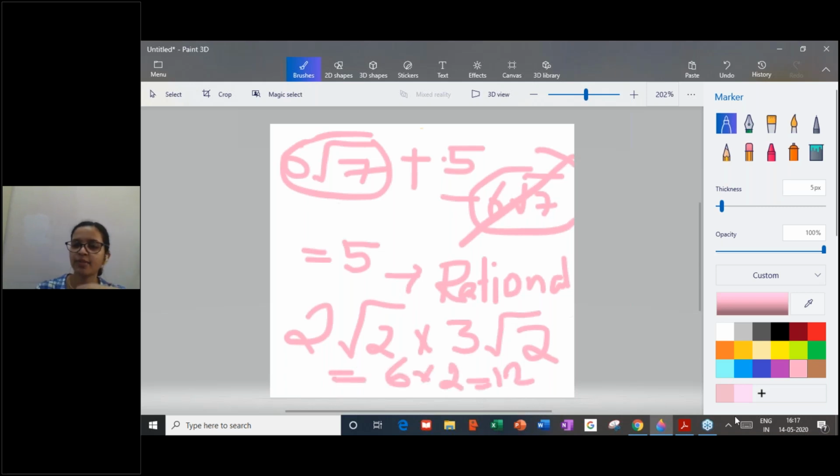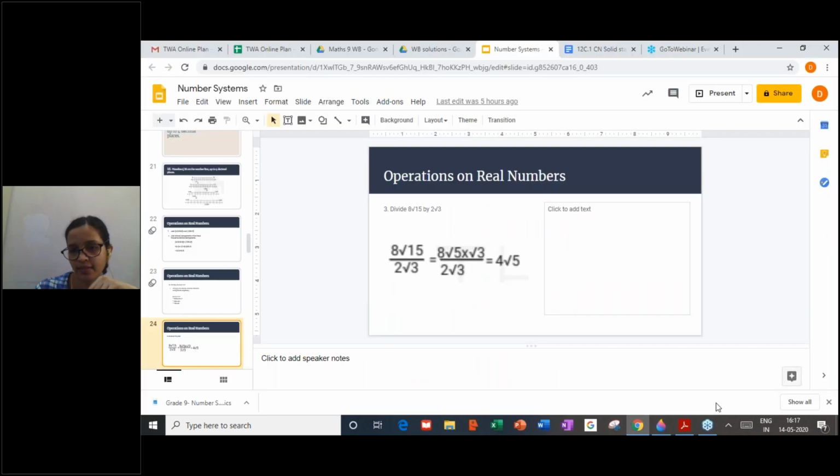So just keep this point in mind that it's not necessary that if you're adding or performing operations with irrational and rational numbers, you'll always get irrational numbers again. Yeah, okay, the division part, yes, I'll show it again.